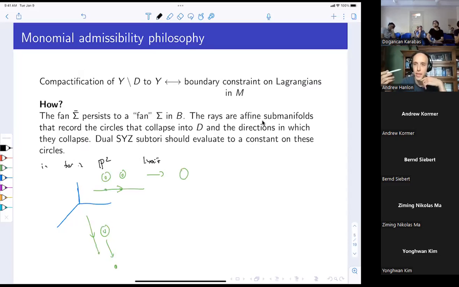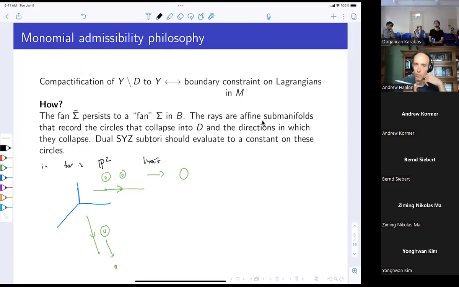The torus that sits inside of the toric variety is N tensor C star, where the fan lives in N tensor R. Ah, that is true. So if I take the log map on the torus that sits inside of the toric variety, this is a map from N tensor C star to N tensor R, which is where the fan lives.